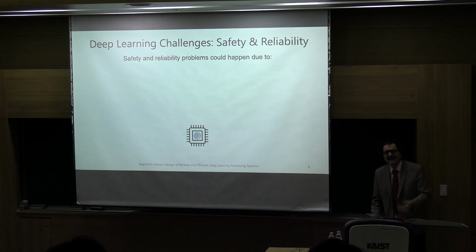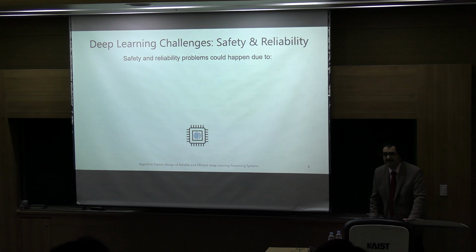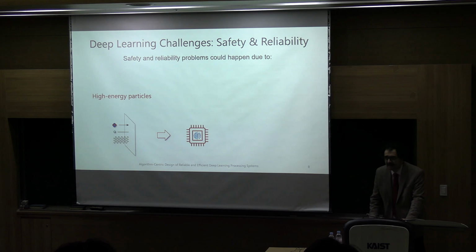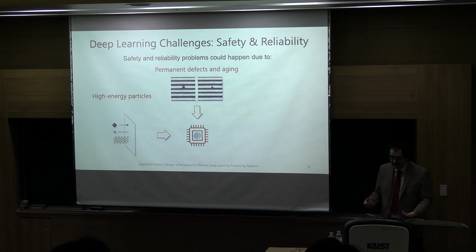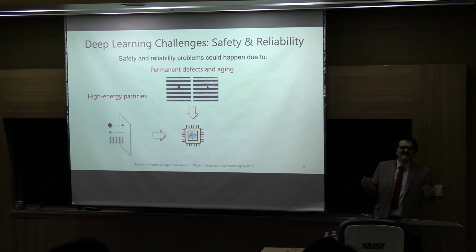Now, from a safety and reliability perspective, of course, safety and reliability has been with us throughout our journey and forays into the semiconductor world. And there have been many solutions in the last 5, 6 dozen years. And the problems, you know, we start with thinking about high energy particles, and there are also issues when you manufacture. You just simply get permanent defects. You also get transient defects. You get intermittent defects.